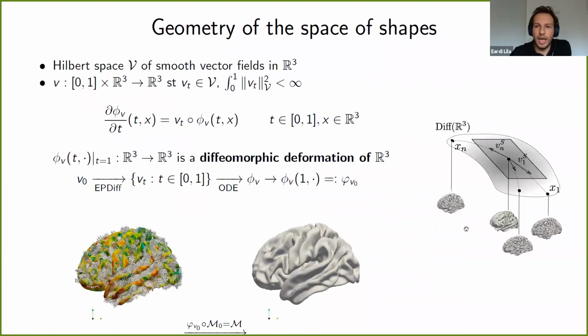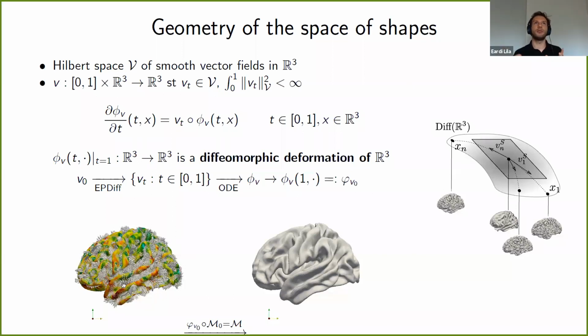So we don't have a lot of time, but just briefly, this is of course a sort of pictorial representation of what's going on. In practice, these objects are sort of functions, right? So I won't go into the details of this, but the idea is that the elements of these tangent spaces are really smooth vector fields in R3, like the vector field that you see here. And the smooth spaces, Hilbert spaces, are linear spaces.